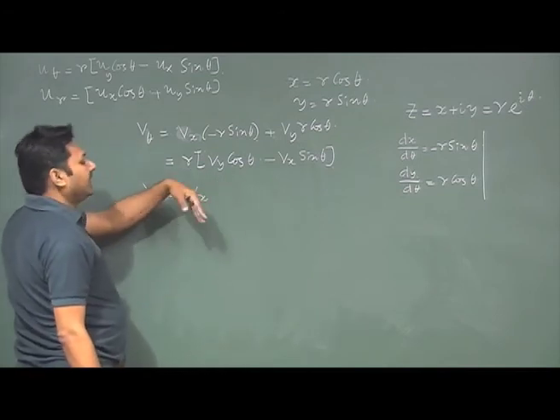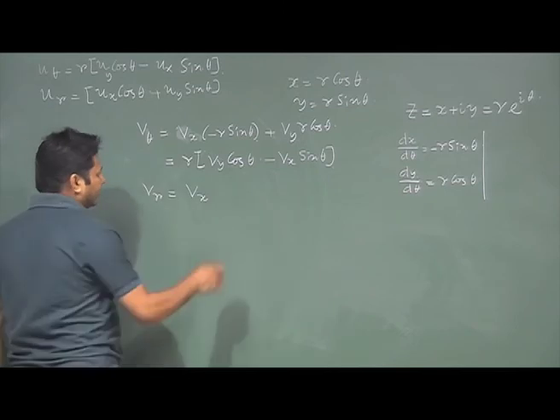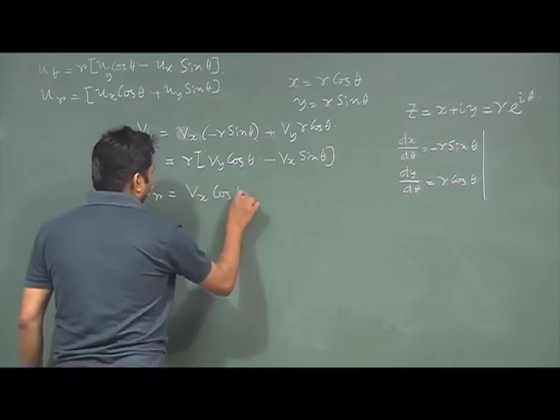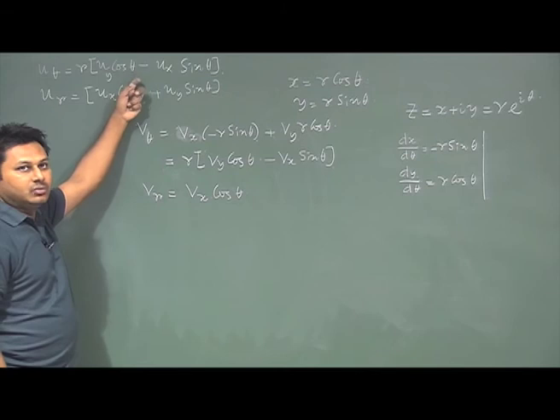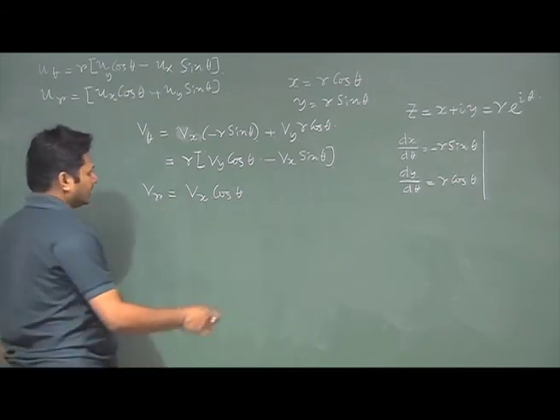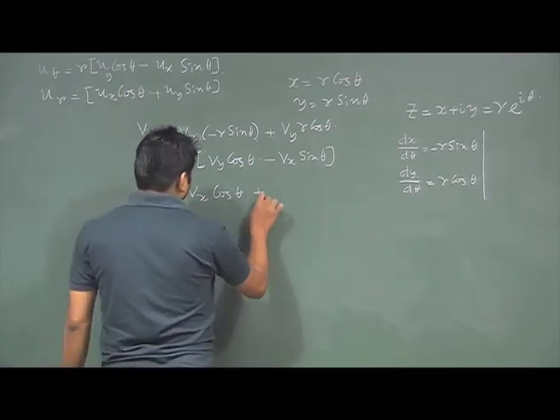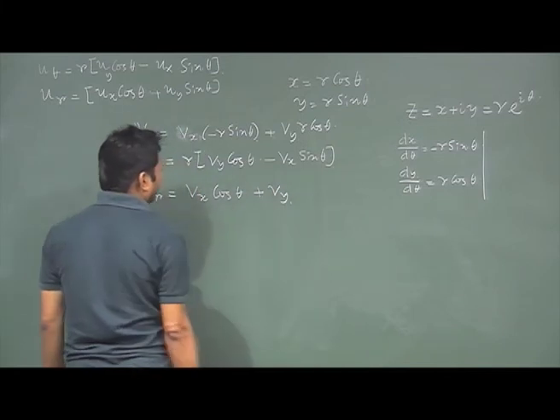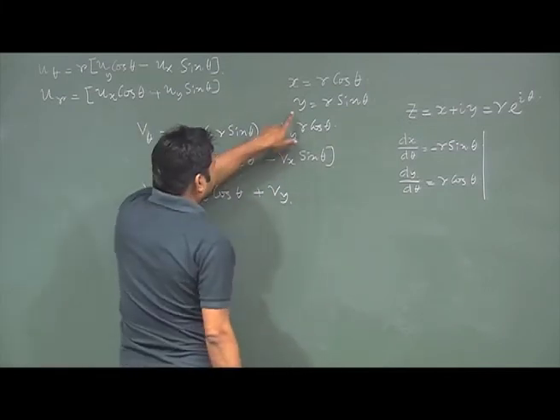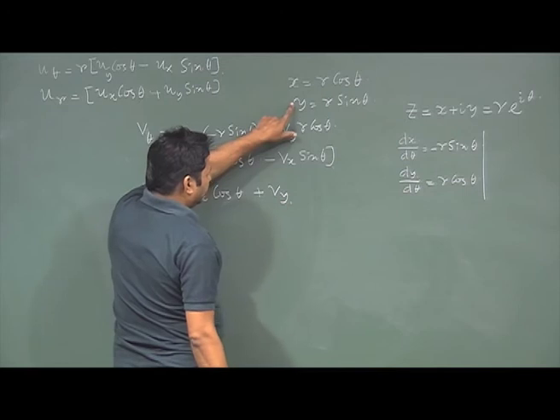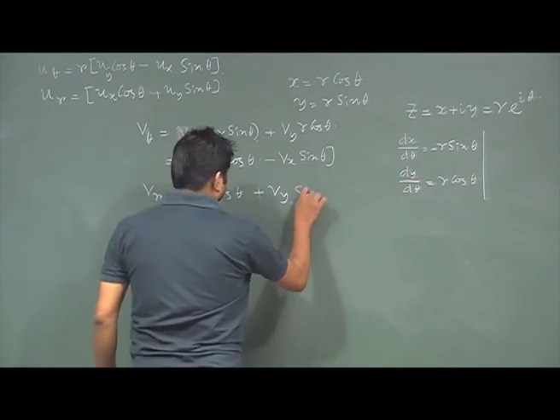I am doing the same thing, so that is why I am not writing it explicitly. I believe all of you will get it, because the same way I calculated this for u, I am doing the same thing for v. The expression is the same, and then vy dy dr is sin theta.